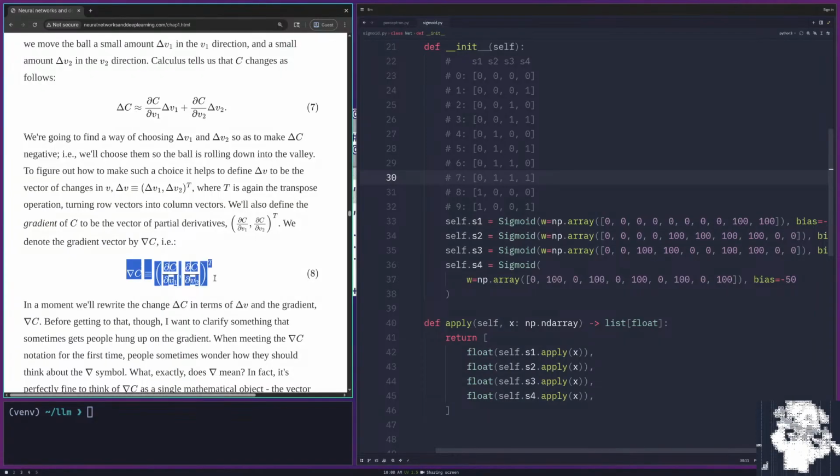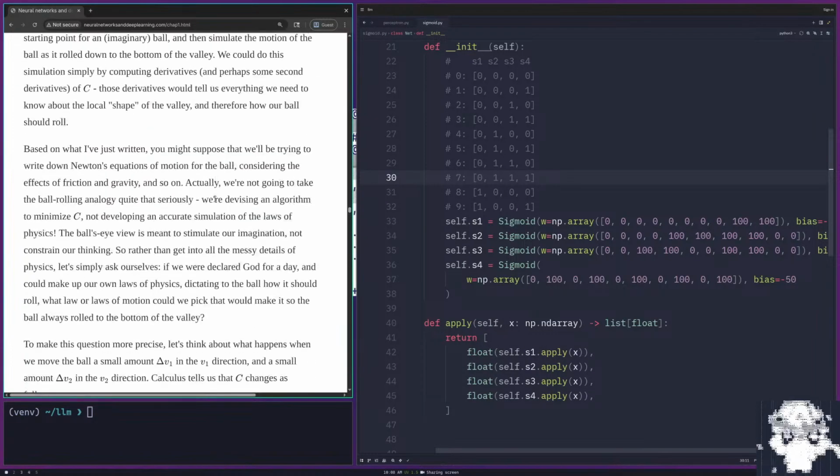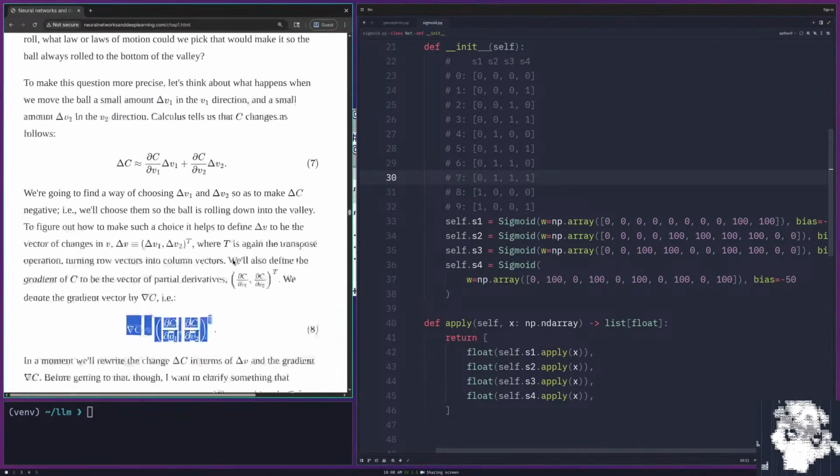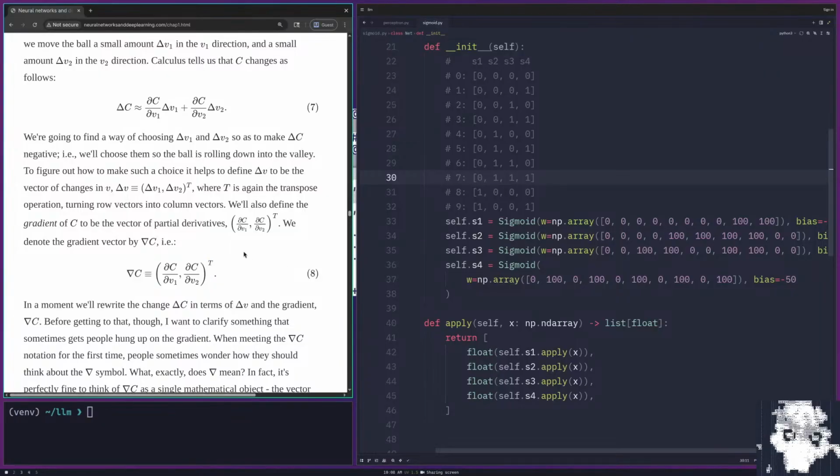Okay, I'm going to pause here just to make sure I understand what we're talking about so far. So we've got two different triangles of C. Delta C is a small change in the cost function.